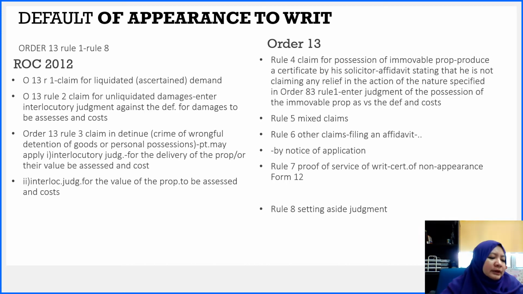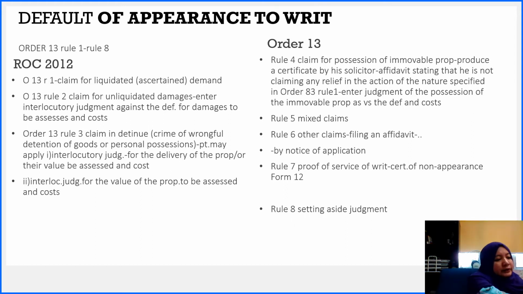Upon serving the statement of claim, proceed with the action as if the defendant had entered an appearance. Application for leave to enter judgment under this paragraph shall be by notice of application unless the court otherwise orders. So if it involves other claims, you file it with an affidavit and by notice of application.